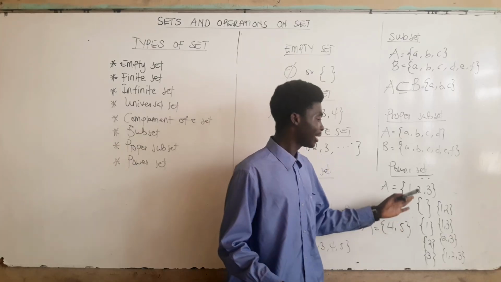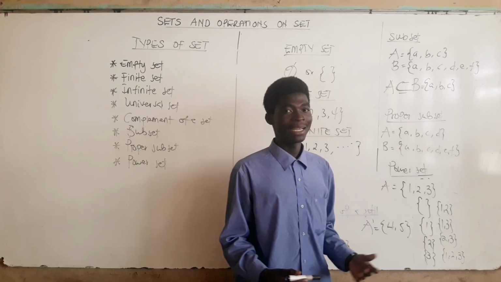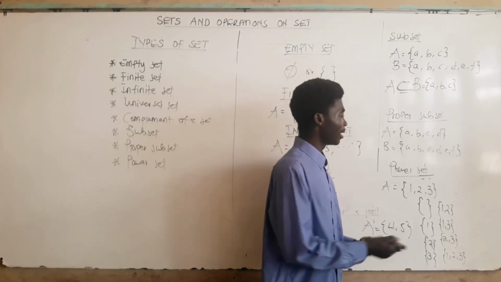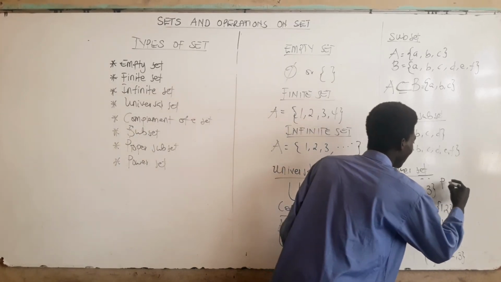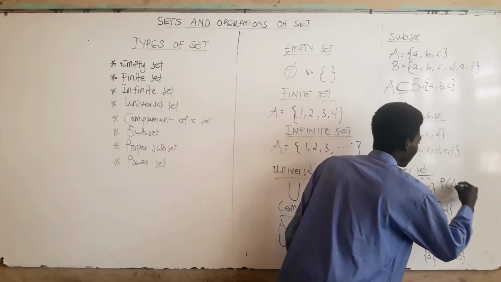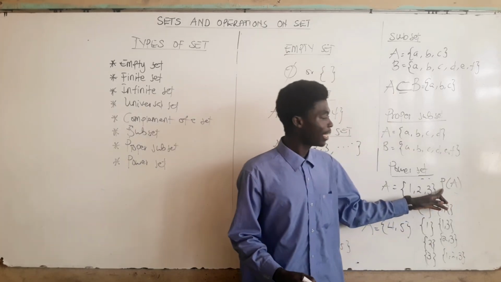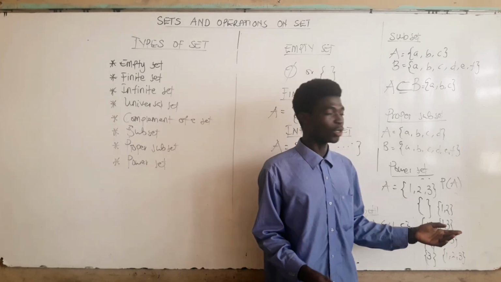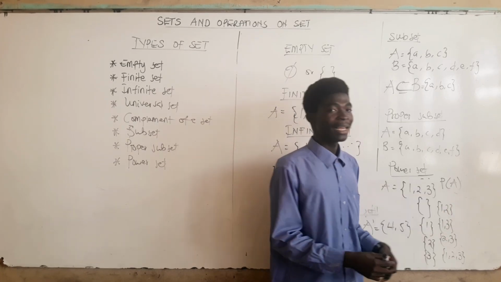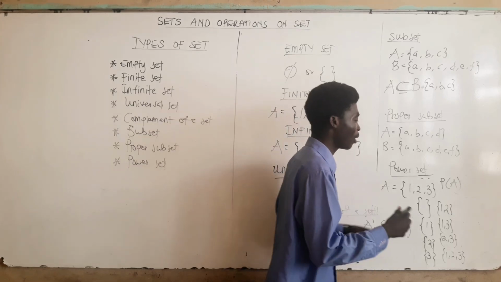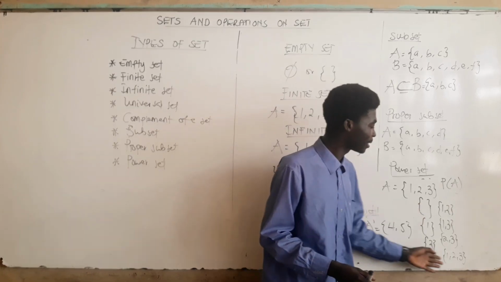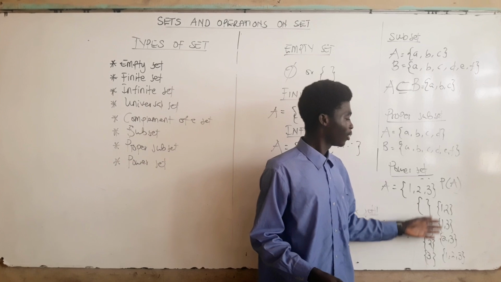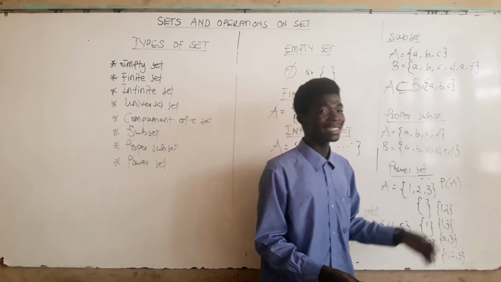And to write these subsets in a power set form, this is how I'm going to go about it. The power set is normally denoted as P, where the P stands for the power, and then the set under consideration. So P of A, you are going to list all these subsets in a set form.